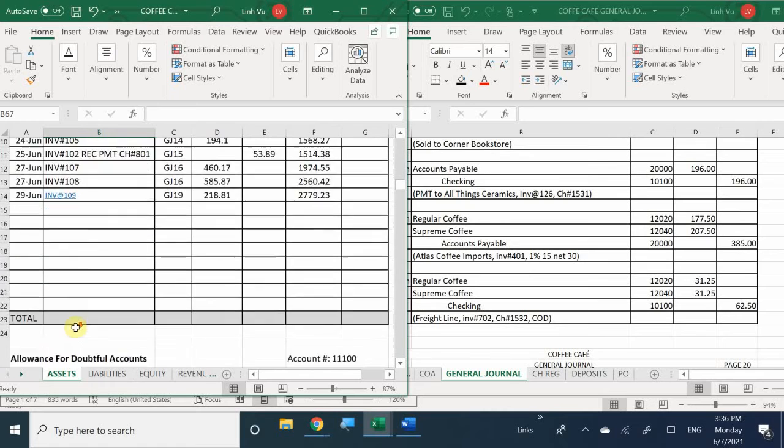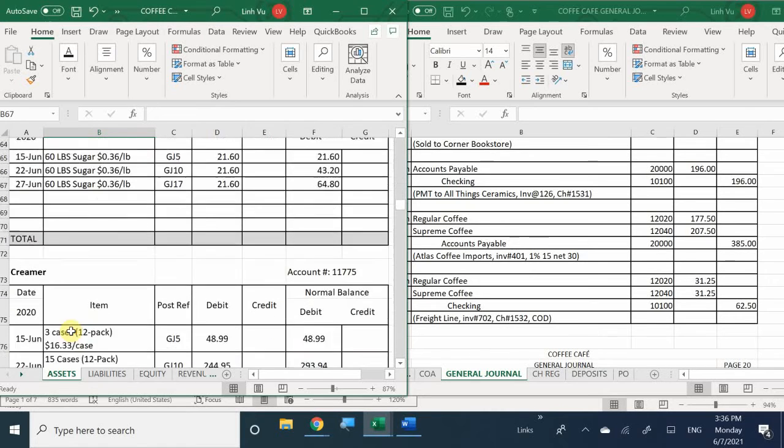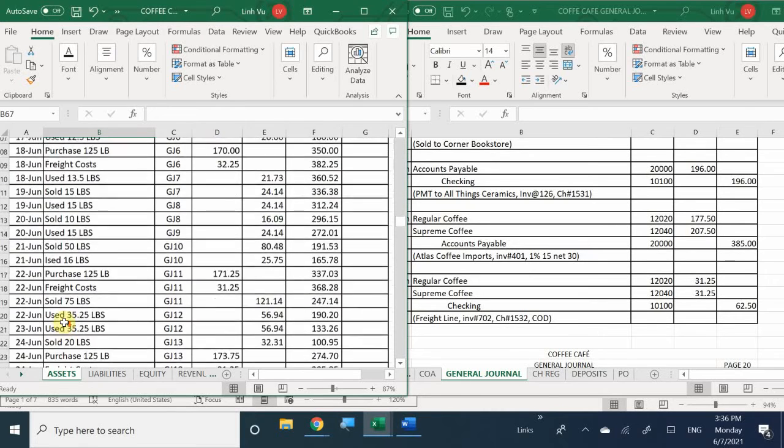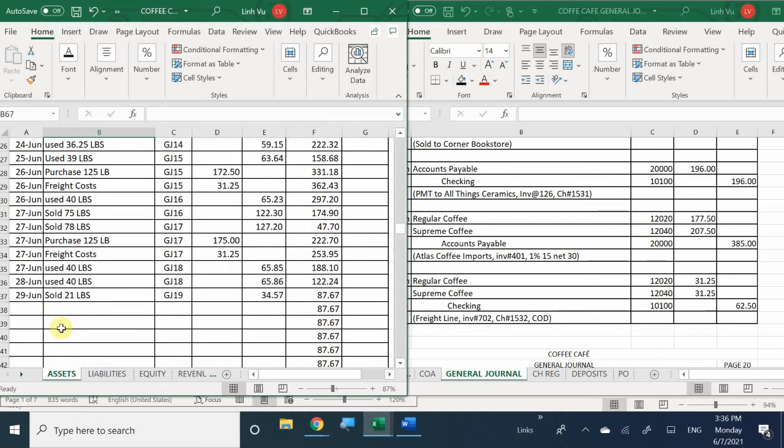Assets. Meanwhile, I already recognize I got the coffee and I got it delivered, so I'm going to do two inputs.